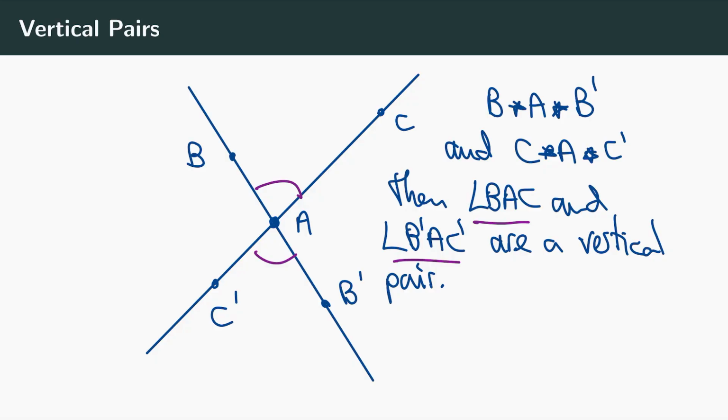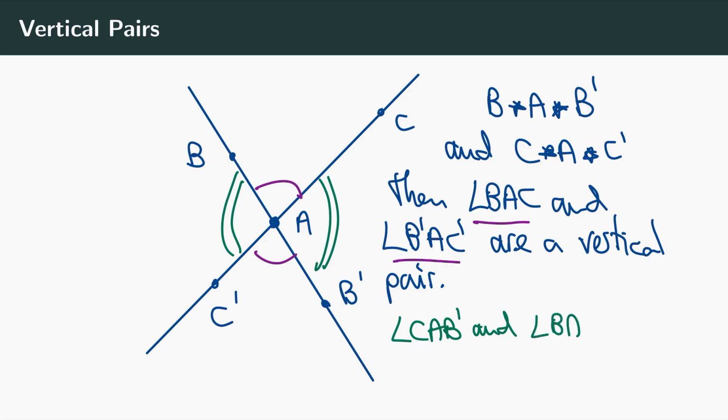But we can also see we have another vertical pair. In that same picture, we also have that CAB prime and BAC prime also form a vertical pair.